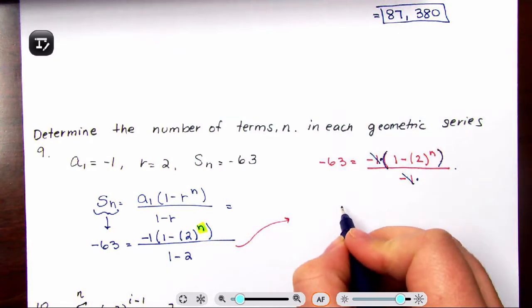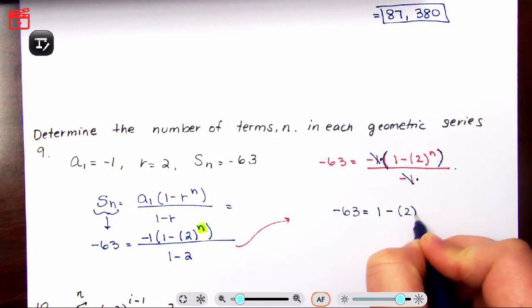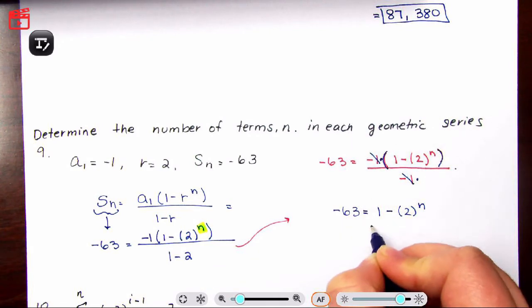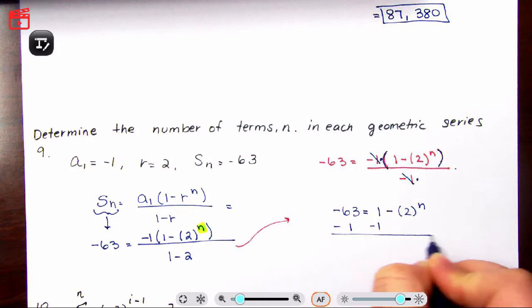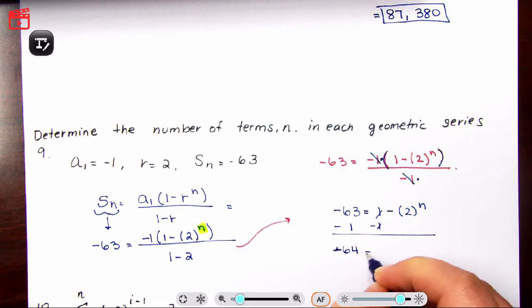And then, let's go ahead and solve. So I have negative 63 is equal to 1 minus 2 to the n power. Again, you can subtract this term. However, I'm going to subtract 1 instead. So I have negative 64. Just kidding, that's a positive. No, that's negative. Negative 64 is equal to a negative 2 to the n.